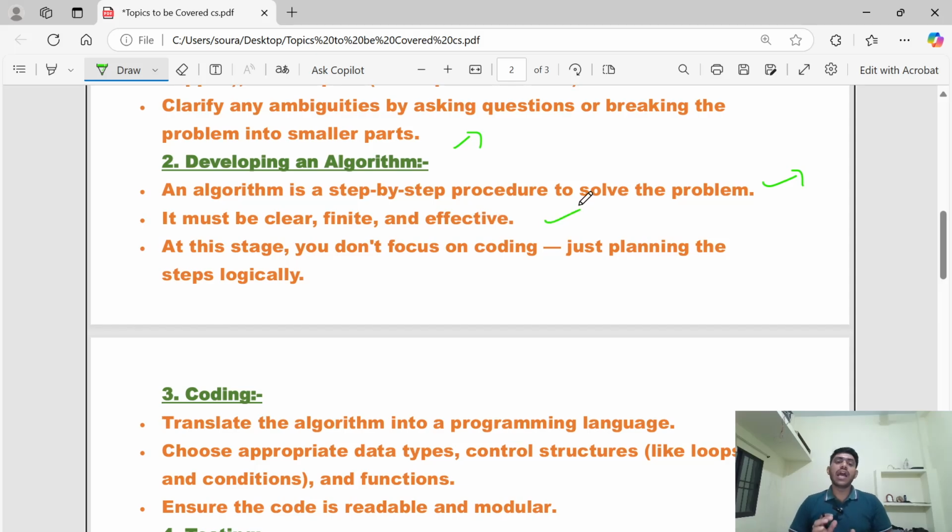Remember, the algorithm must be clear, it should be finite, with a finite number of steps, not unlimited steps, and it should be effective, that is, applied properly to the problem. At this stage you don't focus on coding. Just plan the steps logically, how this thing should happen, like how to prepare Maggi, how to prepare rice, how to prepare dal.